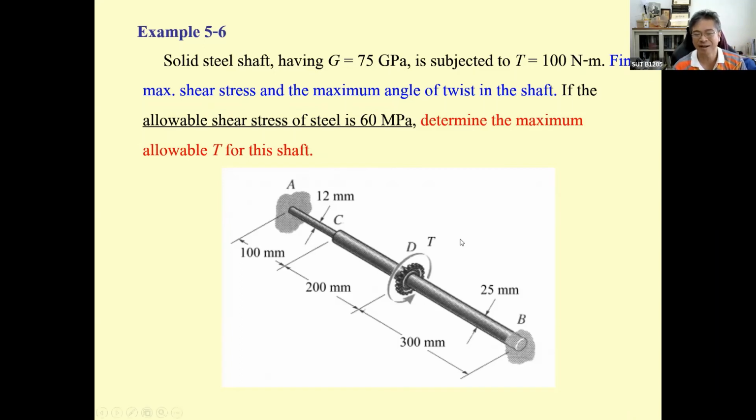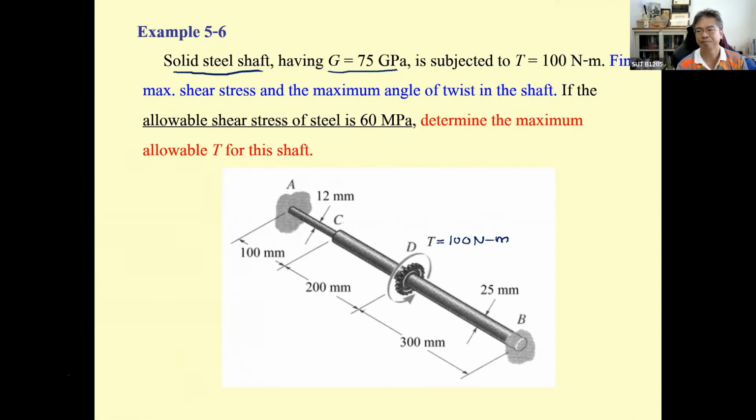Now, coming to this one, it is going to be the solid steel shaft, with a shear modulus of elasticity of 75 gigapascal, subjected to the torsion of 100 Newton meter.